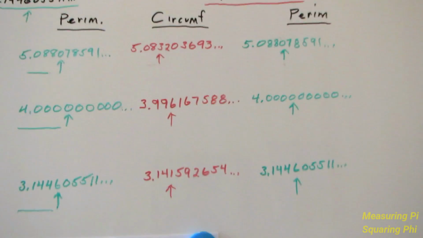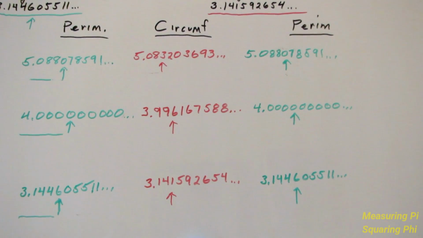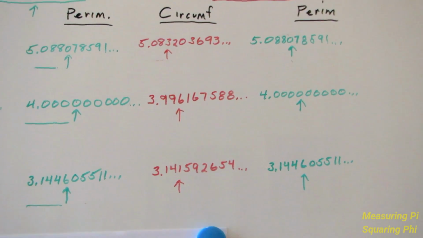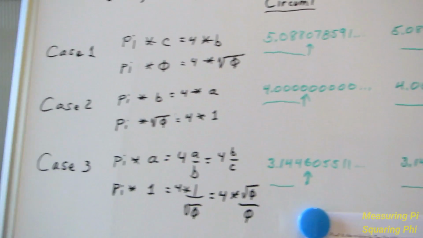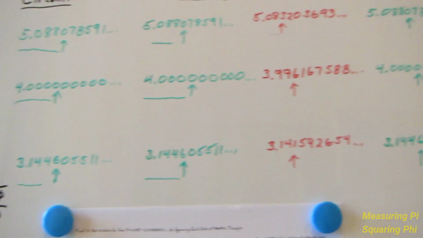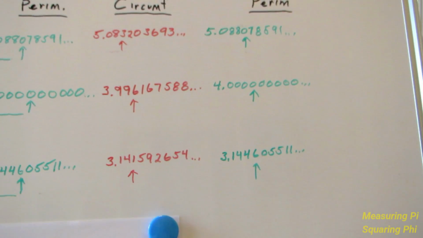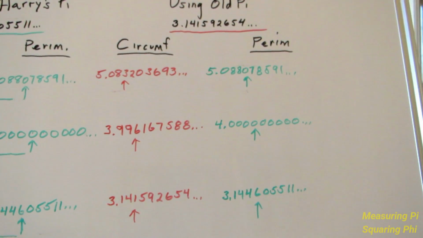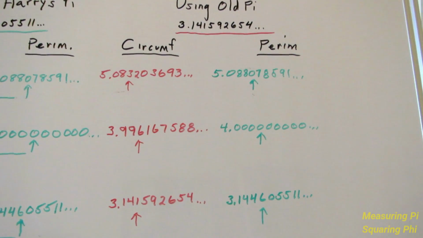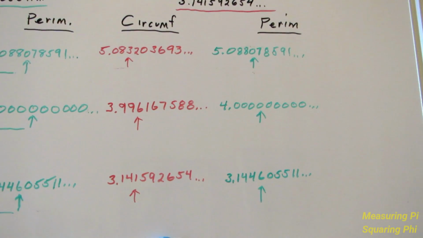You'll come close, but you're going to be off at the third decimal, in case 1, case 2, and case 3 of squaring the sides of Kepler's triangle. You can see that they're too short. That's because the old pi is too short. It's too short by 0.003.